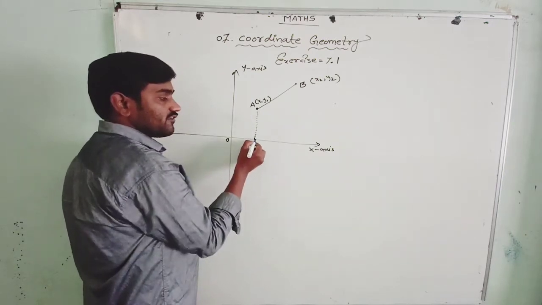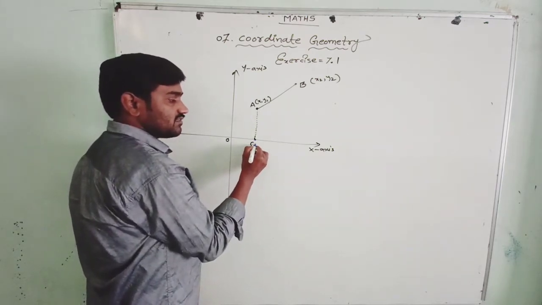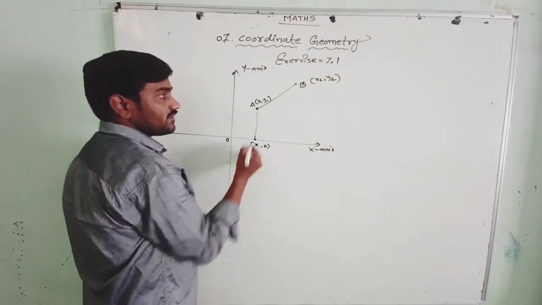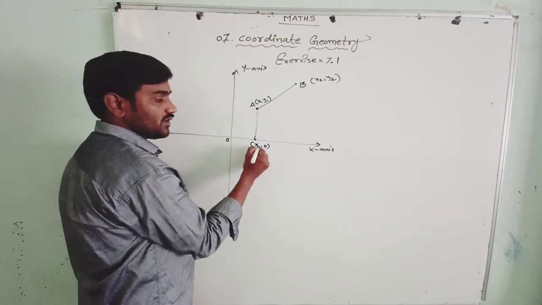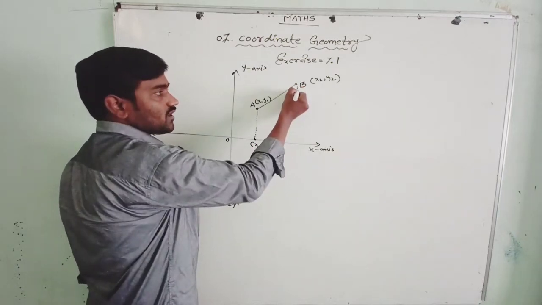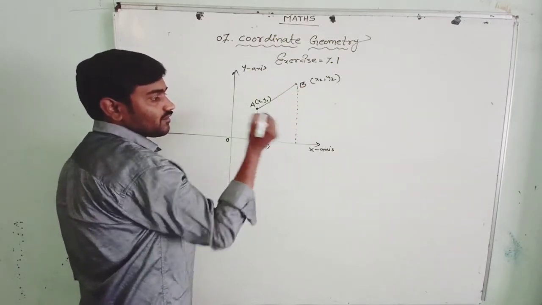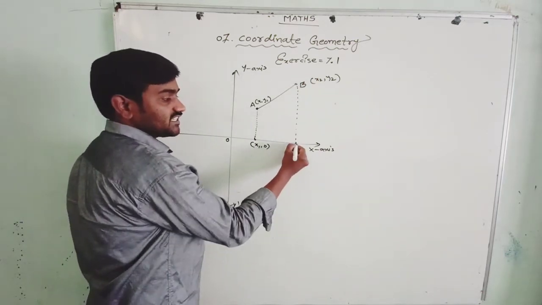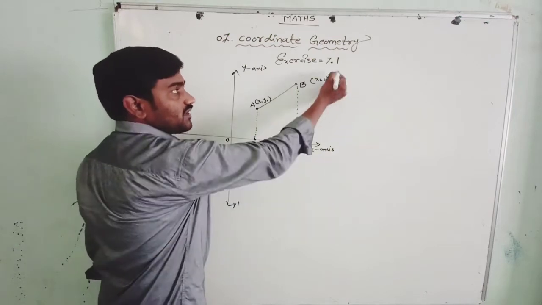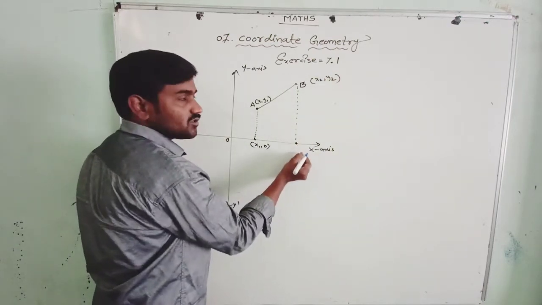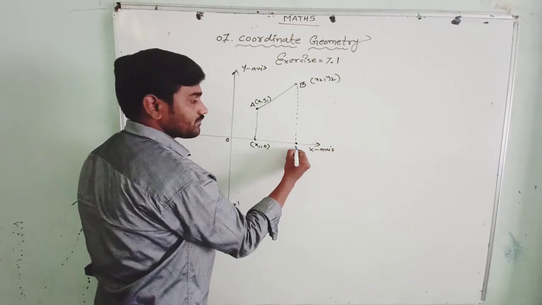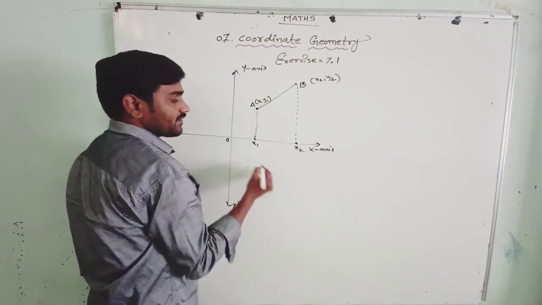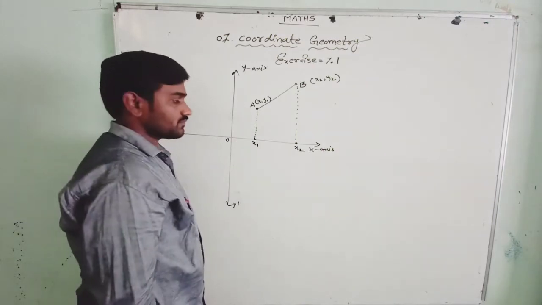As we know, if a point is on the x axis, it will be x comma 0. That means here the y1 value will be 0, and x1 will be left. Let us draw one more vertical line from point B. It intersects the x axis here, where the y value is 0, then x2 will be here. Here is x1, here is x2.